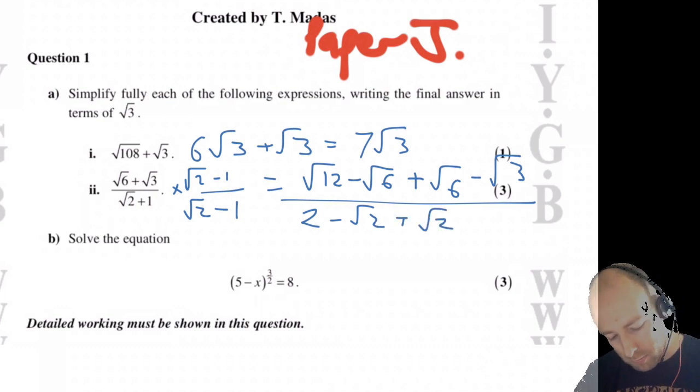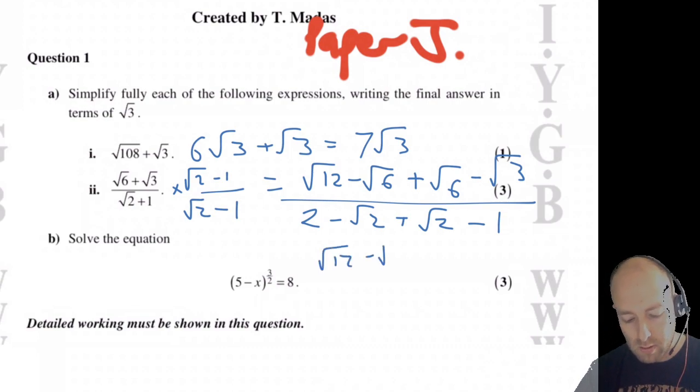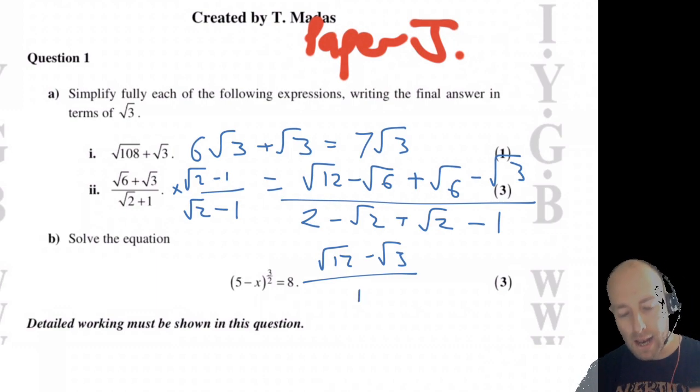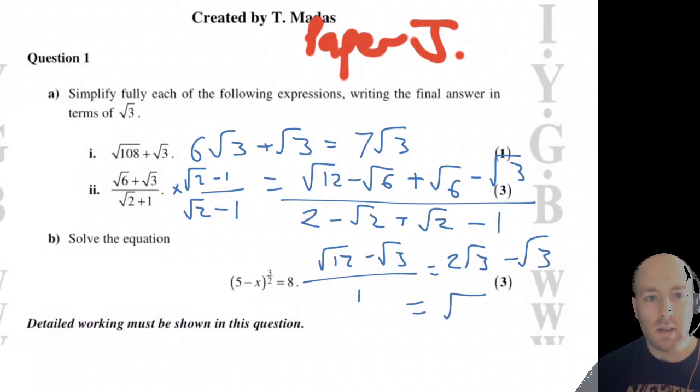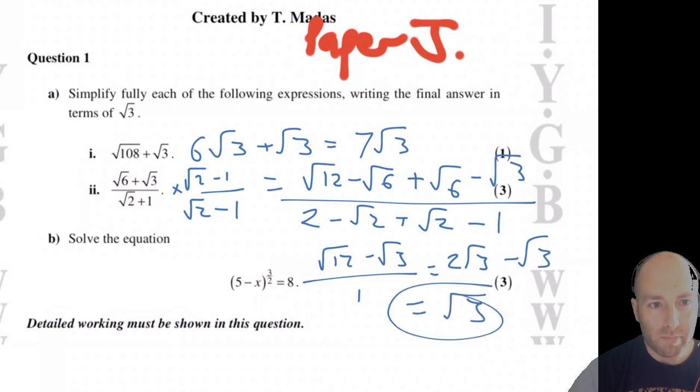So if we sort that out, we got root 12, take root 3 over 1. And root 12 is the same as 2 root 3. So 2 root 3, take root 3. So the answer to this one is just root 3.